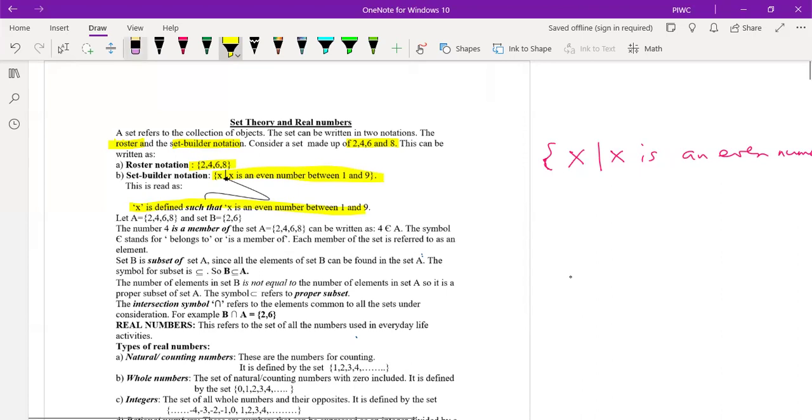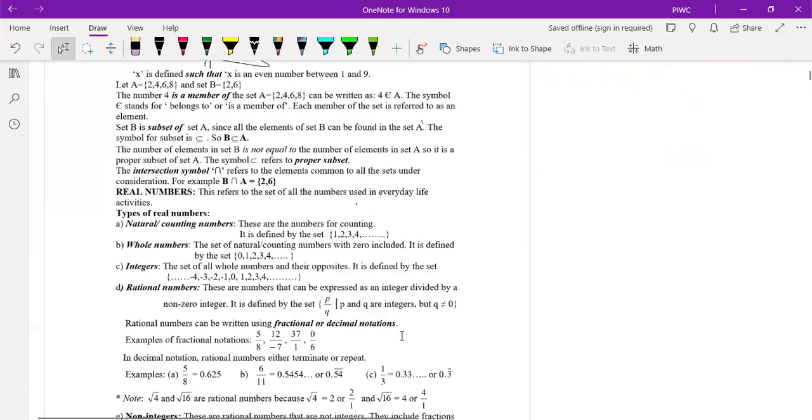Now let's define two sets, set A and set B. Set A is made up of 2, 4, 6, 8, and set B is made up of 2, 6.